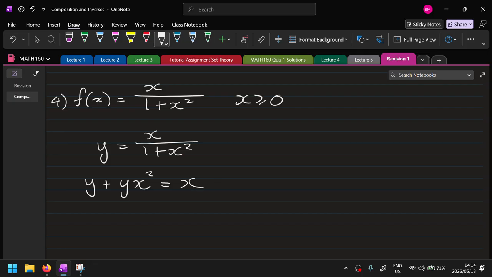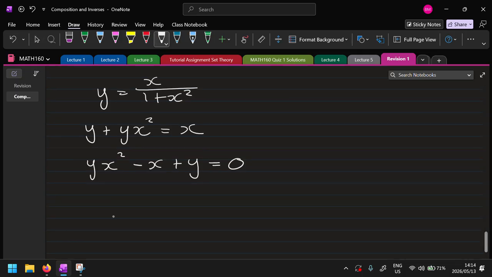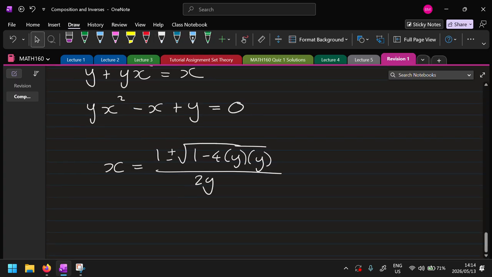Okay, just took that over. Let's take everything over to one side. Okay, don't let the two variables scare you. We just want to solve for x. Okay, so x, right, minus b plus minus roots, you know, all of that. Okay. So we've got this.